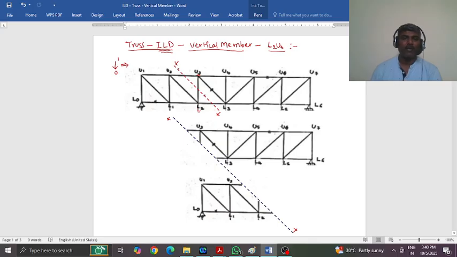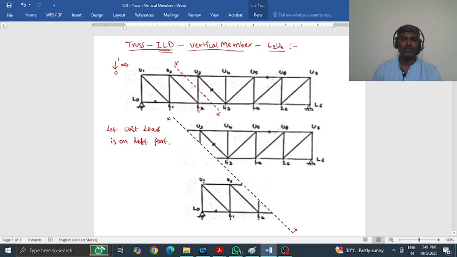Right. So I take a section like this. Now these are the two parts of the truss after you cut the truss. Now let the unit load be on the left part of the truss.